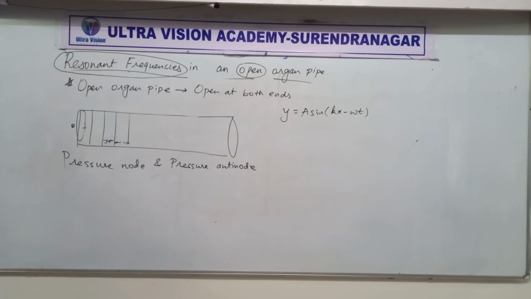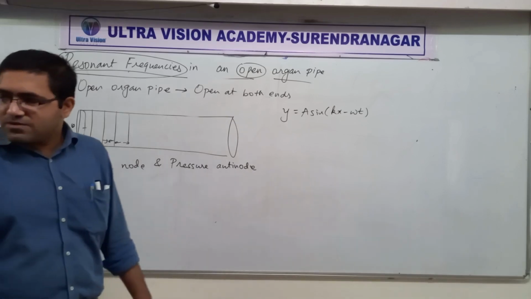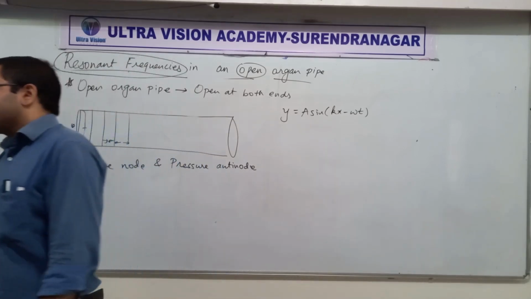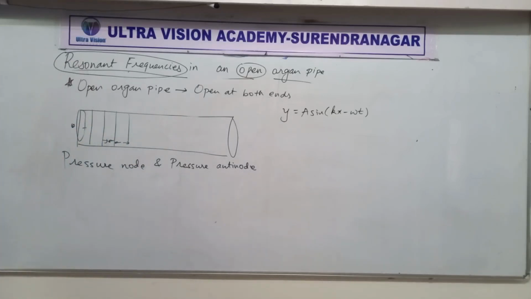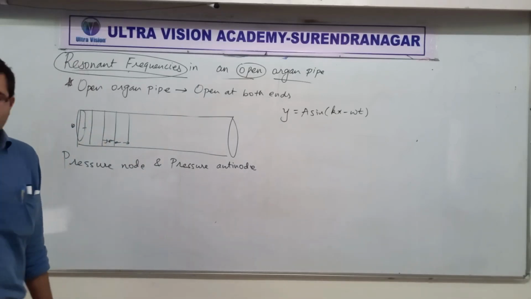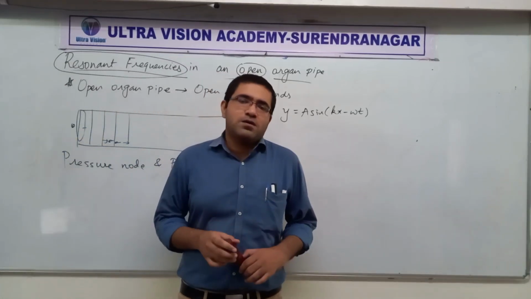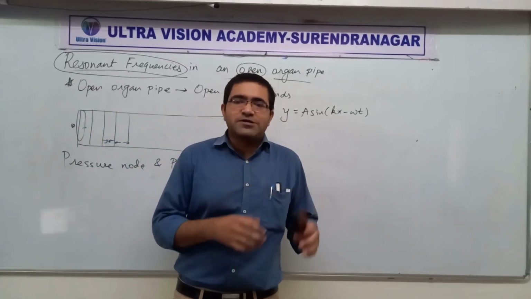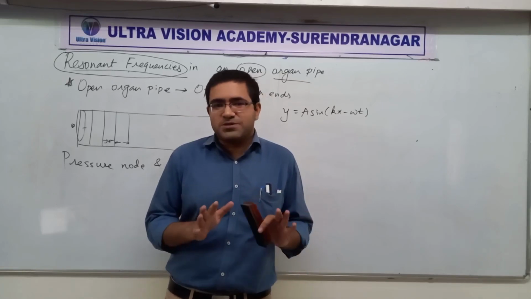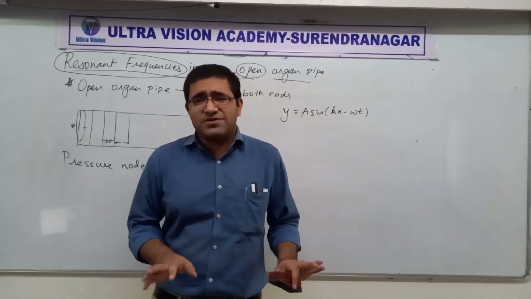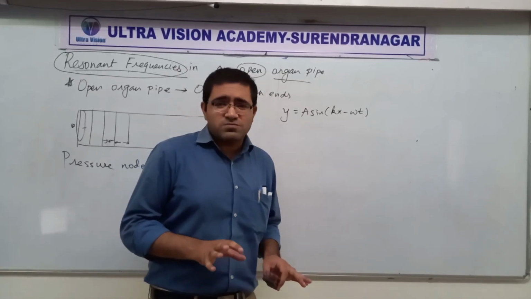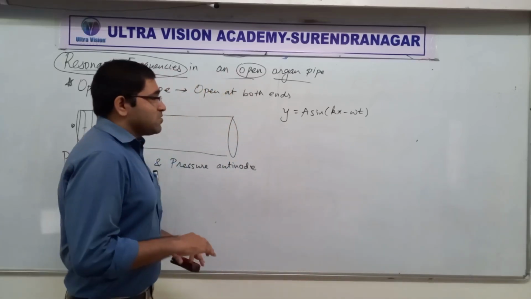I'll make the last point again. I said that when sound passes through air, there are alternate regions of compression and expansion. We have talked about this earlier, you have learned it in 9th, so I'm not going to go too deep into it.